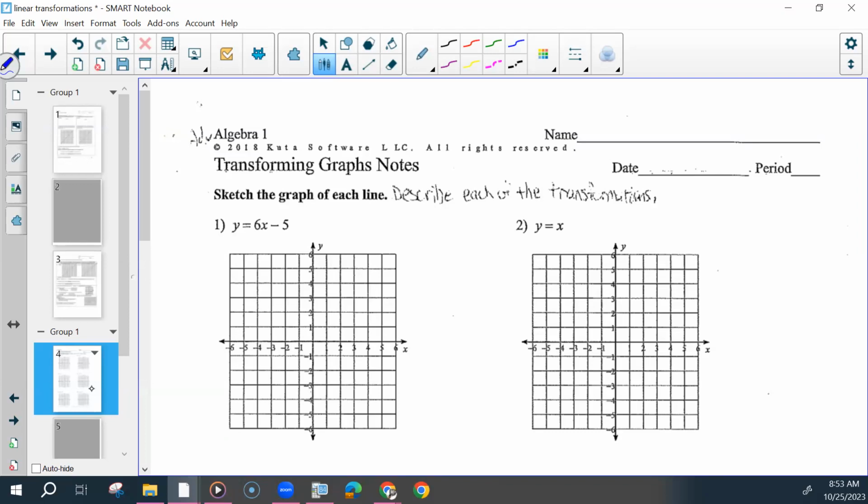Okay, so on this page. Those are one. Those are one.